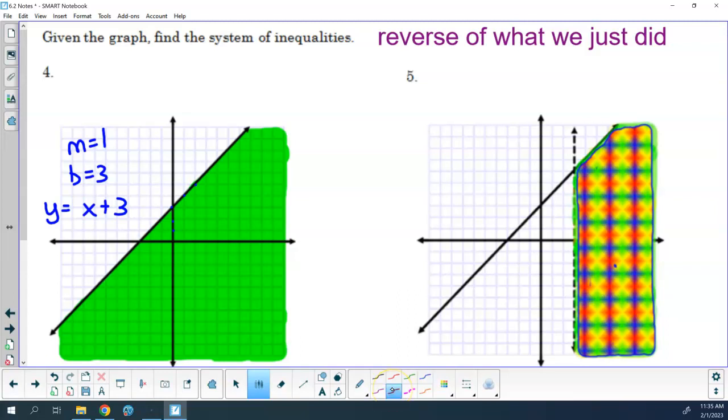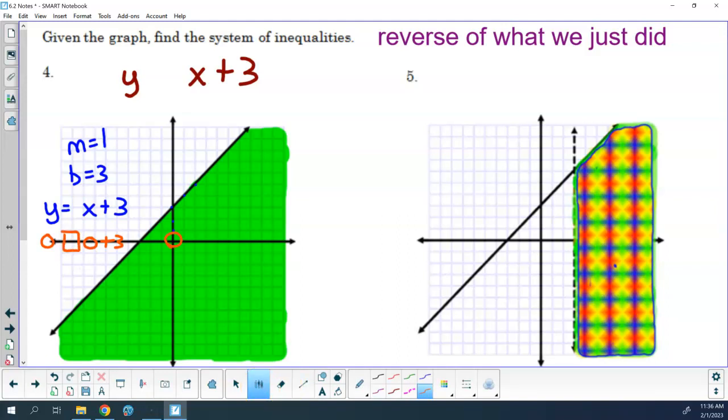But I need it to be an inequality because there's some shading involved. So I'm going to keep the y. I'm going to keep the x plus 3. I just need to fill in the inequality there. So I'm looking at this test point of the origin. So if I put the origin in there, I should just put a box.